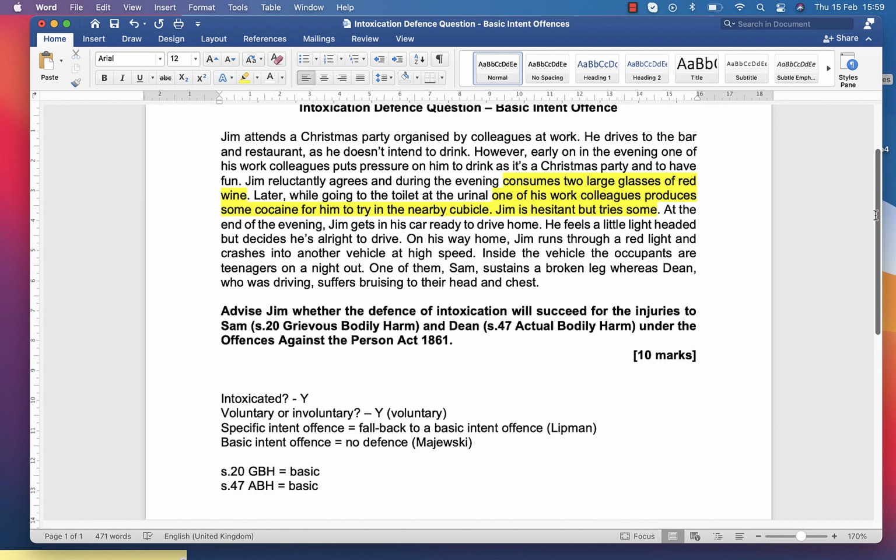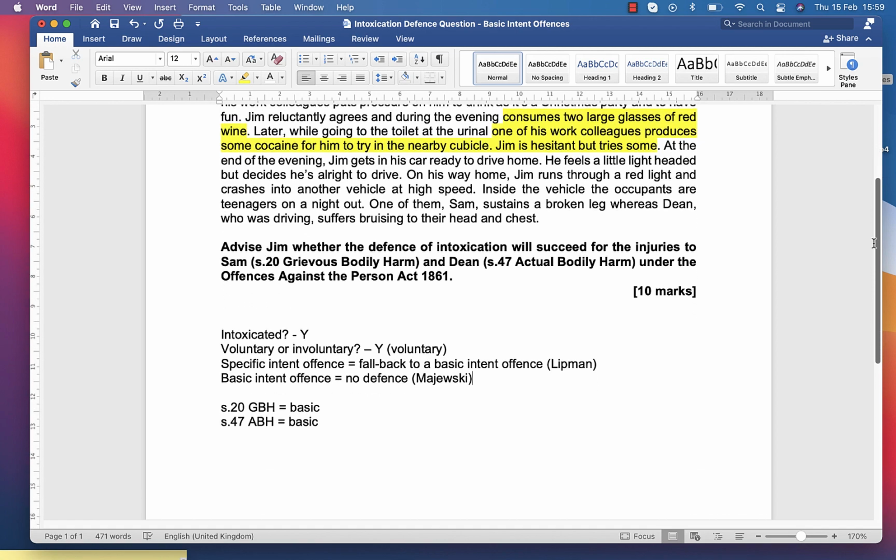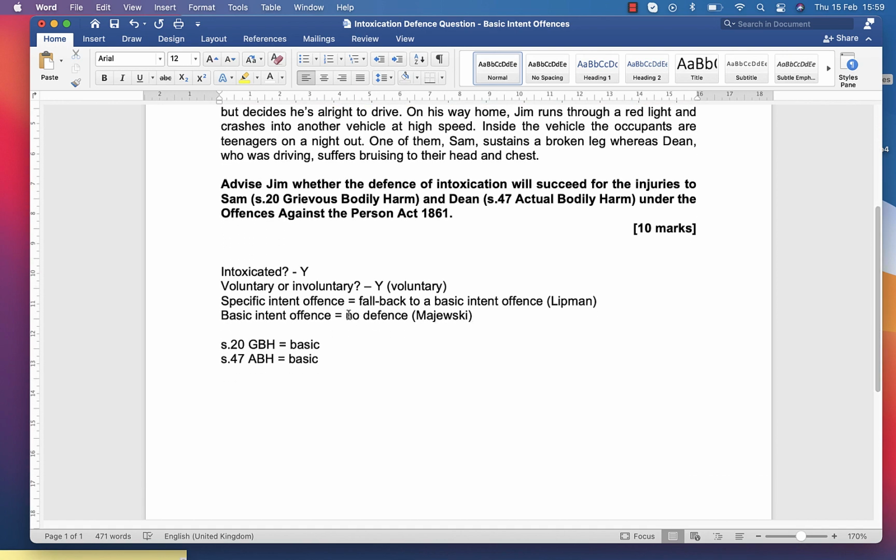And so it's very easy for the prosecution to prove that he was reckless in committing these two offences, and therefore there is no defence, because the law wants to protect the public. And I put there the case of Majewski, that's how we pronounce it, as the key case to illustrate basic intent offences not succeeding with this defence.